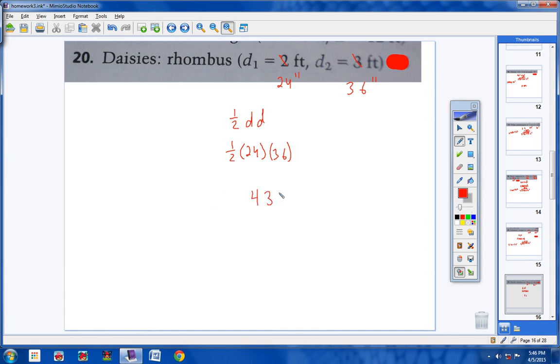Now, one daisy is 5 square inches. So let's see how many 5 square inches go into 432. It would be approximately 86, okay?